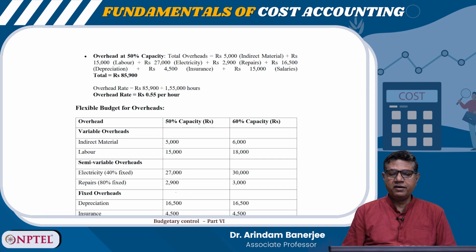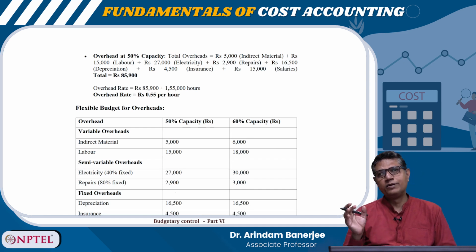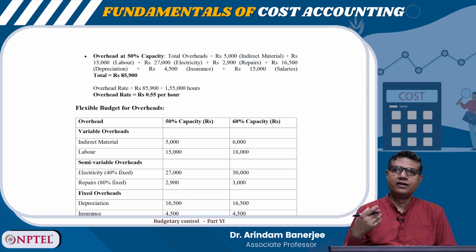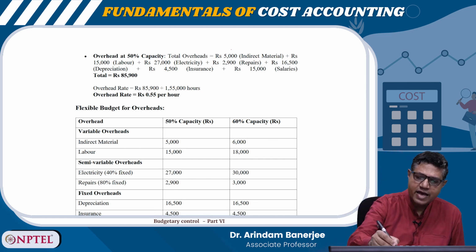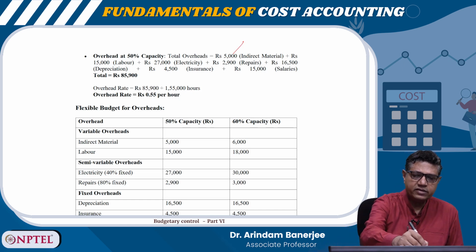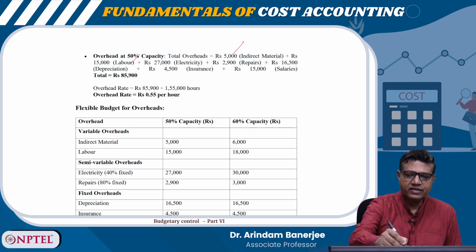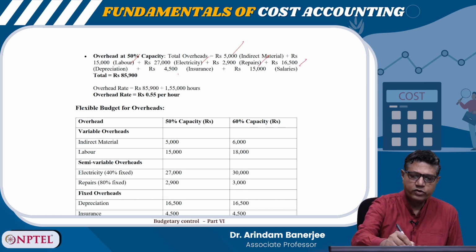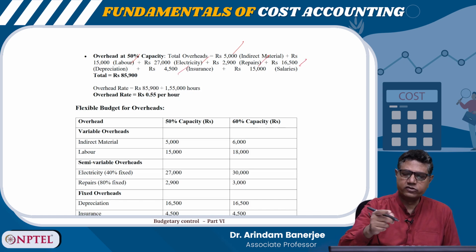But if we go for 50% capacity, then for the total overhead, the variable portion will change as we calculated earlier. So, indirect material will be now 5,000, 15,000 will be labor, 27,000 will be electricity, 2,900 will be repairs, 16,500 depreciation, the fixed overhead, 4,500 insurance, the fixed overhead, and 15,000 salaries, fixed overhead.